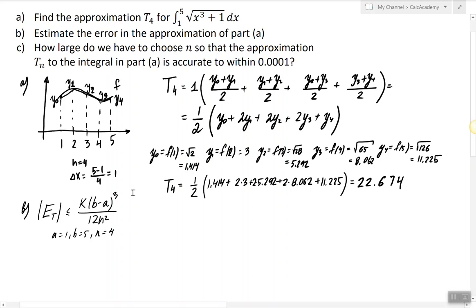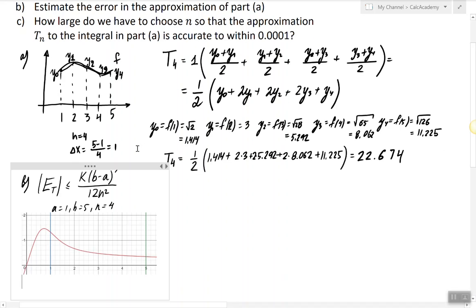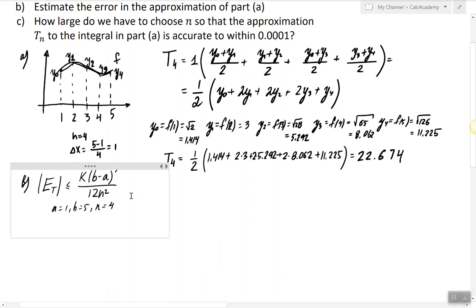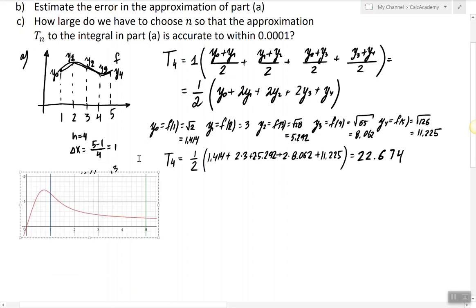Now, in this procedure, we don't have to do it by hand. We can just use some technology, graph the second derivative of the given function, and visually estimate its upper bound. So here's the graph of the second derivative.